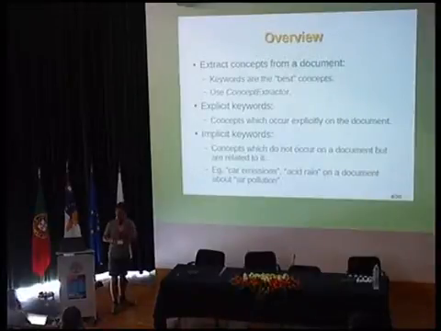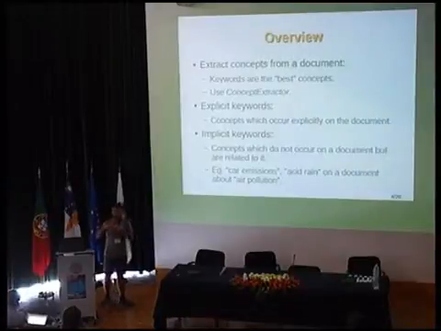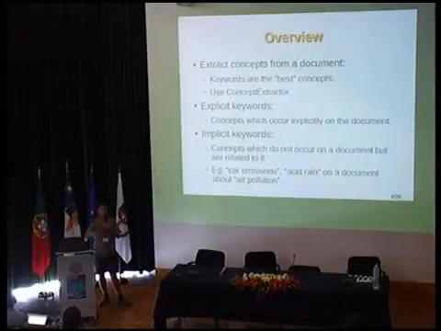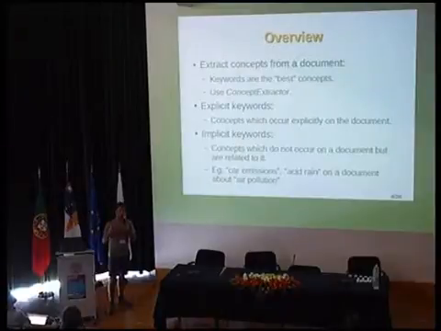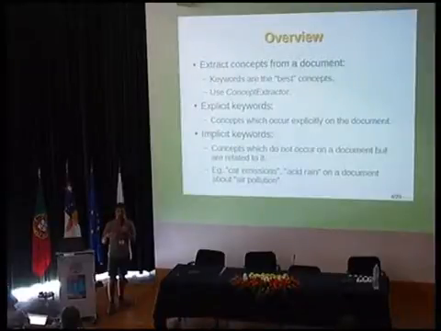Basically, with the implicit keywords, we are augmenting the description of the document. The implicit keywords are concepts which, although they do not occur in a document, are somehow related to the contents of the document.